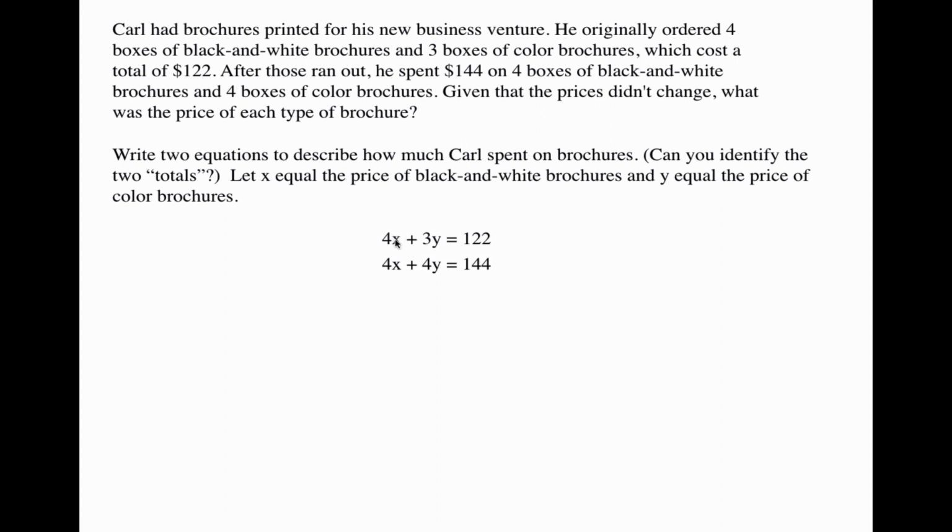The number of color brochures that he ordered was 3, and the cost is y. So this term tells us the total cost of color brochures, and so when you order 4 boxes of one and 3 boxes of another, it costs $122. Next, he ordered 4 of each, and that cost $144.